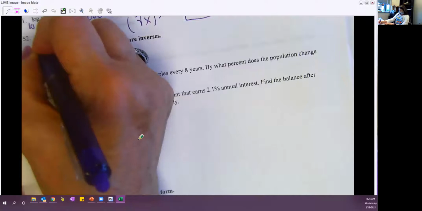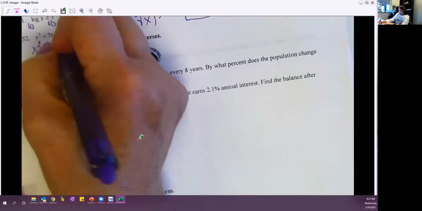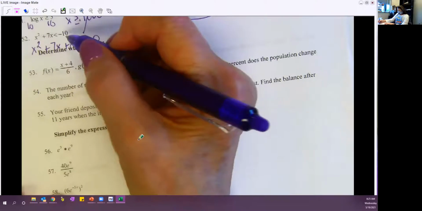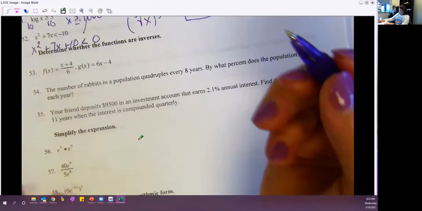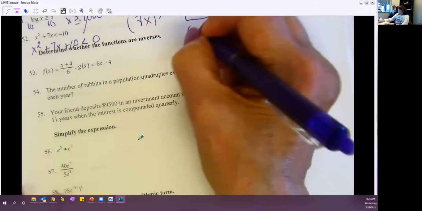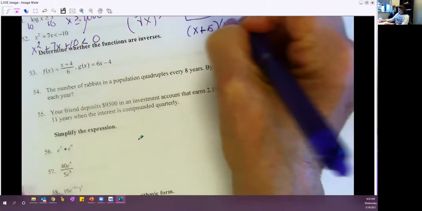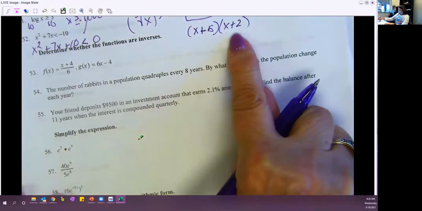This one has to be factored. So you have to add the 10 to both sides. So x squared plus 7x plus 10 greater than 0. So we need 5 and 2 here. 2 times 5 is 10, and 2 plus 5 is 7.